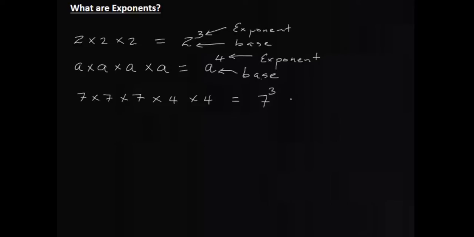And then we have another expression which has a base of 4 and an exponent of 2. Again, these numbers here, we call them bases. 7 is a base and the 4 is a base, whilst the 3 and the 2 are called exponents.